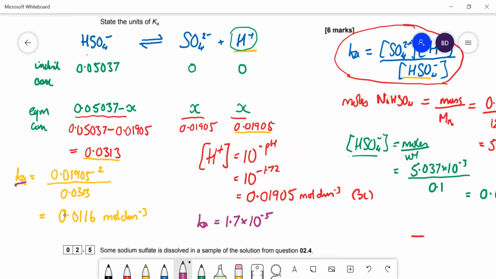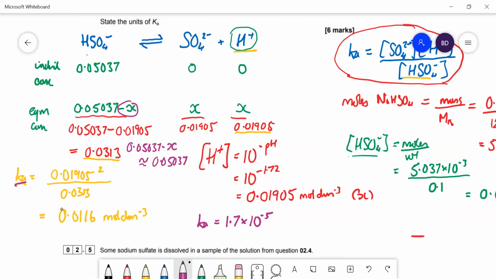Another thing I want to say is that usually when you do these sort of calculations, with this X term here, you don't usually do what I've done there. You normally just say that 0.05037 minus X is approximately equal to 0.05037, because X is usually much smaller for most weak acids.